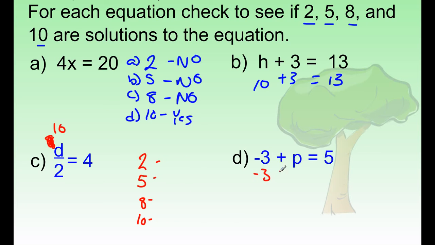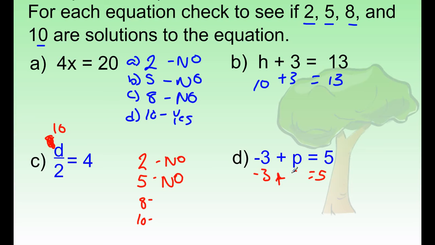Let's see, negative 3 plus 2 equals 5? Negative 3 plus 2 is negative 1, so no, that doesn't work. Negative 3 plus 5 equals 5? Negative 3 plus 5 is 2, so that doesn't work.